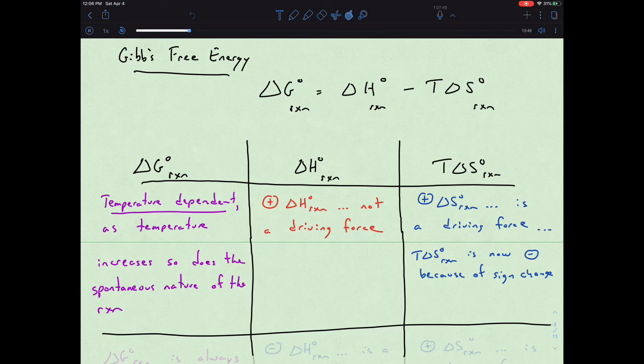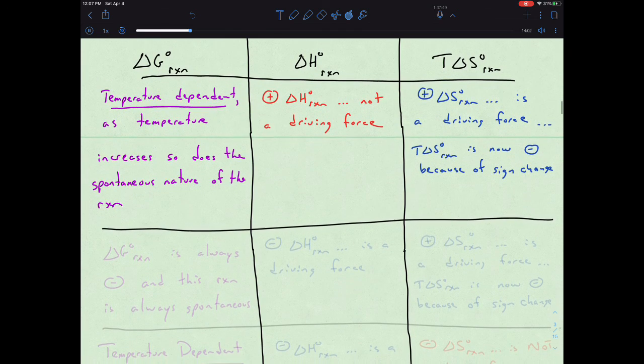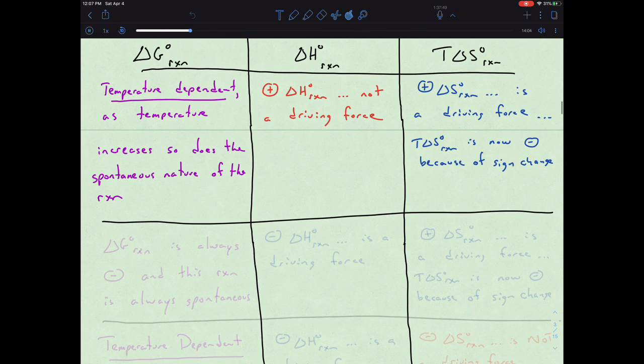We're looking at temperature increase leading to a spontaneous process. Now let's just change one of the signs. Let's say that delta H is now negative.